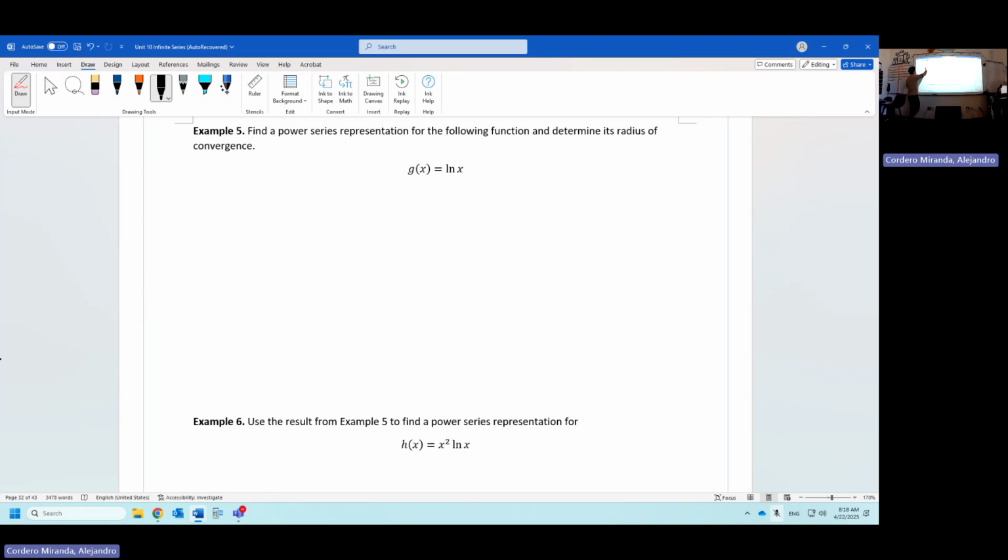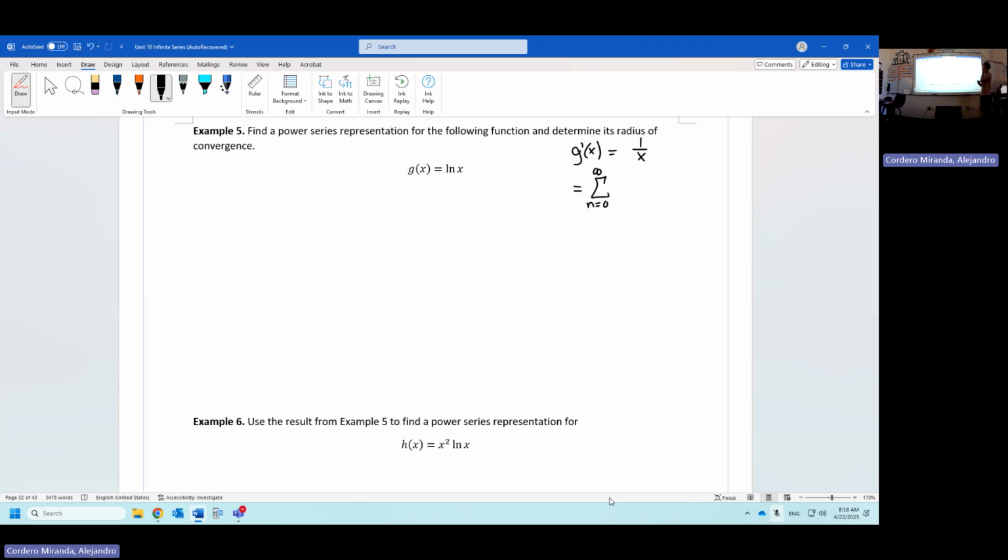But what we have talked about is a bunch of series that look like 1 over 1 minus x or whatever. So the idea is to know that the derivative of natural log of x, in other words g prime of x, if we call this g, is 1 over x. And 1 over x, I can model with this series.